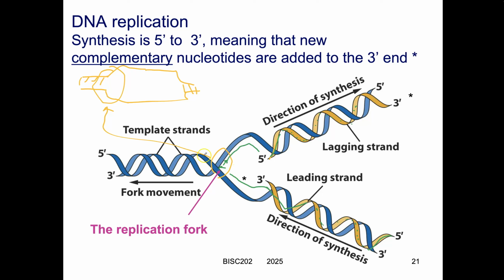And then it opens even further, another primer, and so on. So the DNA on the lagging strand is replicated slower because it's done in pieces. And then there has to be some modifications and some connecting of those pieces together so that you have one continuous strand across the whole chromosome.